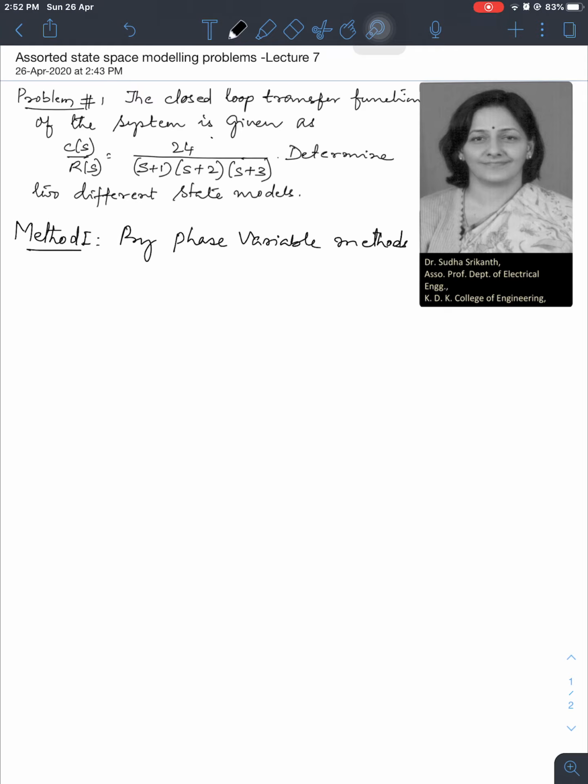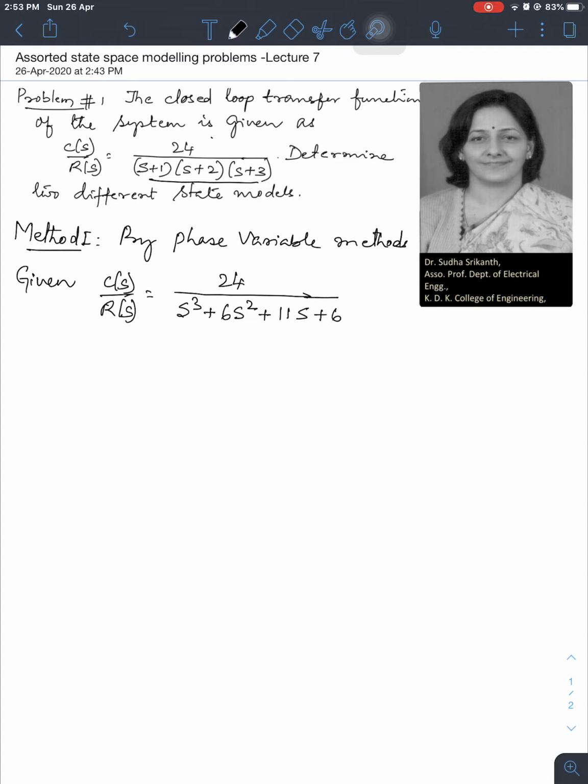So given C(s)/R(s) equal to 24 divided by, we can multiply the three terms here, and what we get is s cube plus 6s square, 5s square plus 1s square, and 5s plus 1s, 6s, that is 11s, plus 6. So we are able to get the transfer function wherein the denominator is in polynomial form.